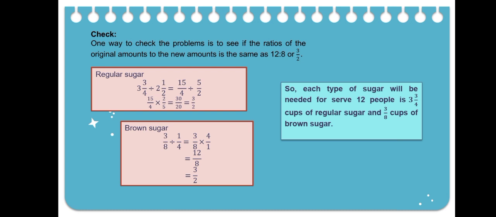So 3 times 4 is equal to 12 and 8 times 1 is equal to 8. To make it simple, we get 3 over 2. So the amount of each type of sugar needed to serve 12 people is 3 and 3/4 cups of regular sugar and 3/8 cups of brown sugar.